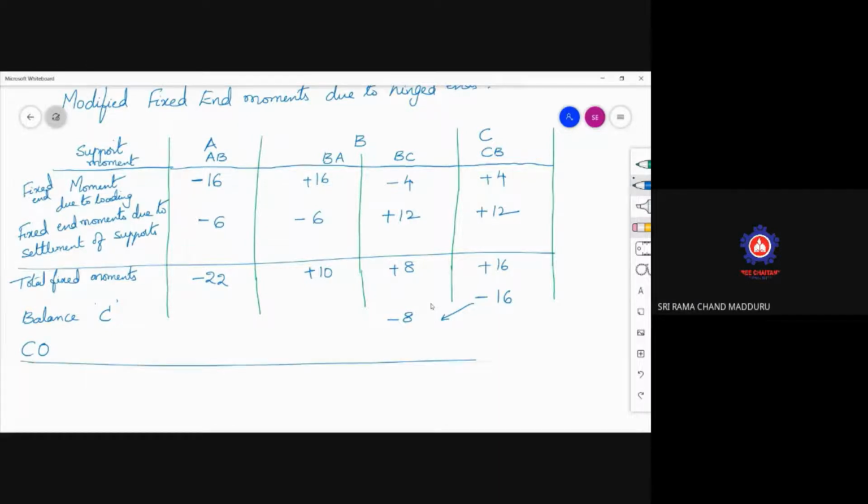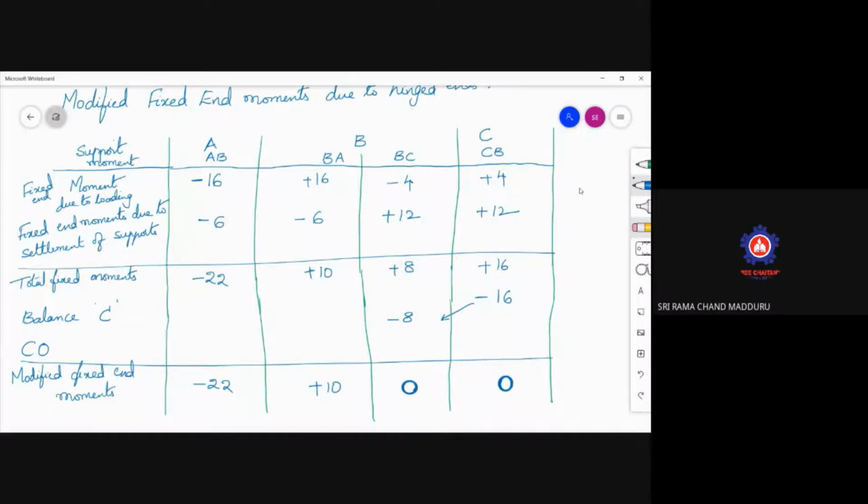That's it. So now write down the modified fixed end moments. And the values are minus 22, plus 10, 0, 0.